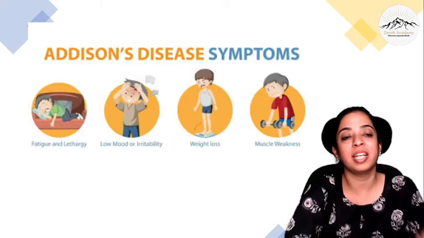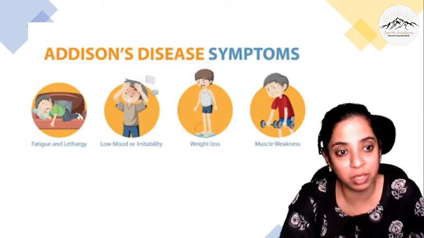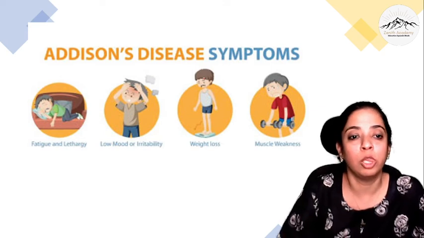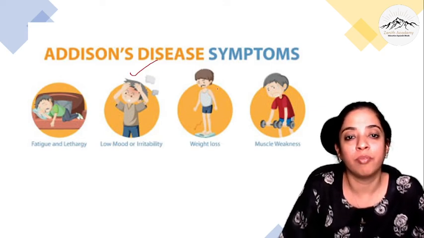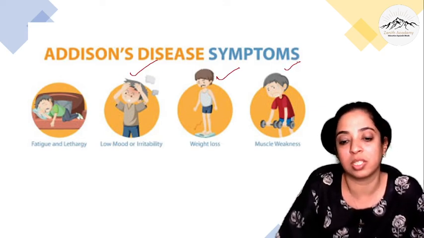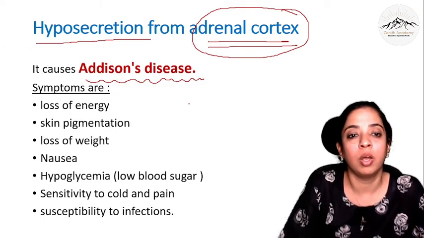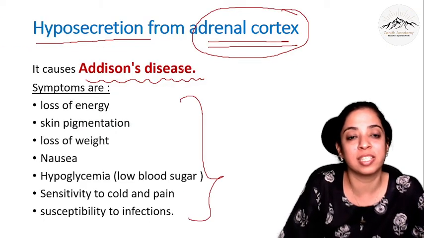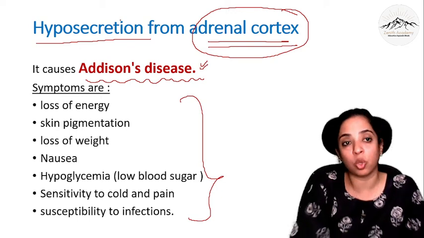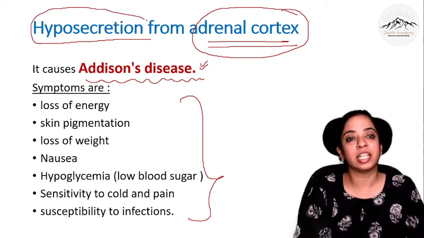So these are the different Addison's disease symptoms: fatigue and lethargy, low mood or irritability, weight loss, and muscle weakness. You have to learn all these symptoms, and remember that this is caused by less secretion or hyposecretion from the adrenal cortex.